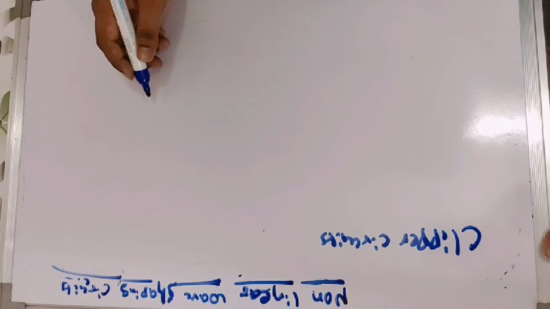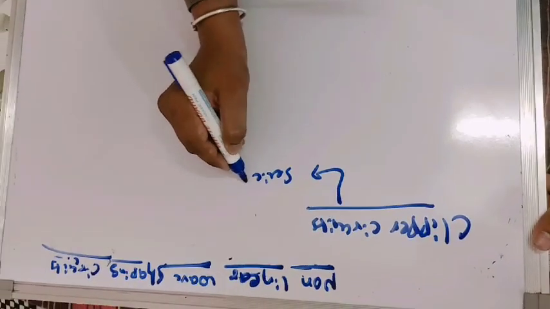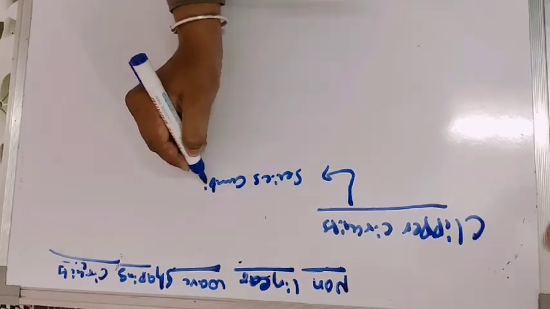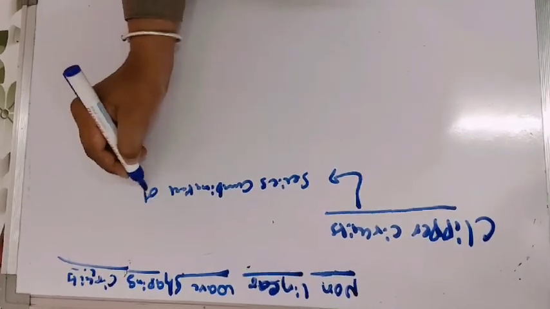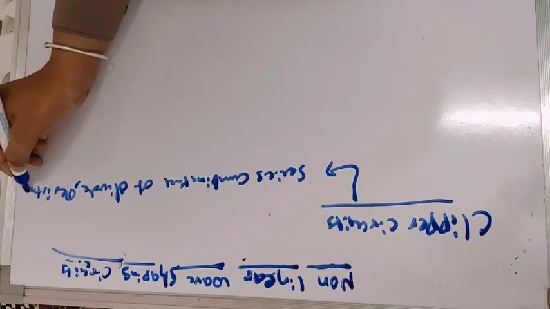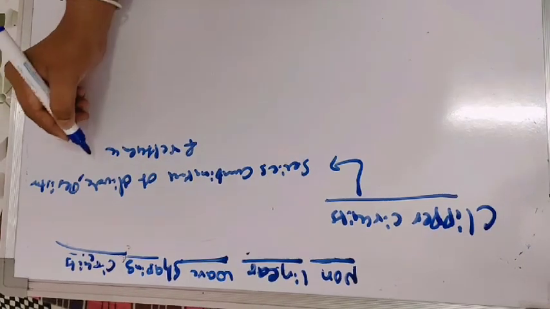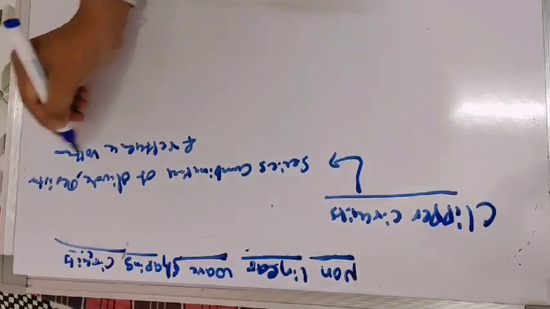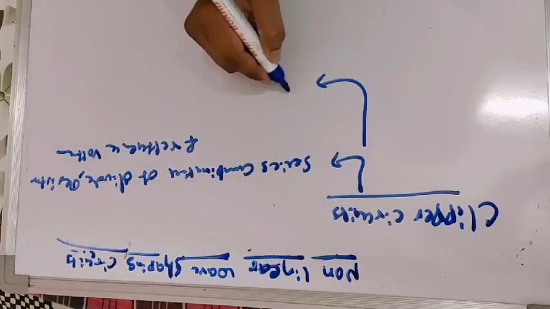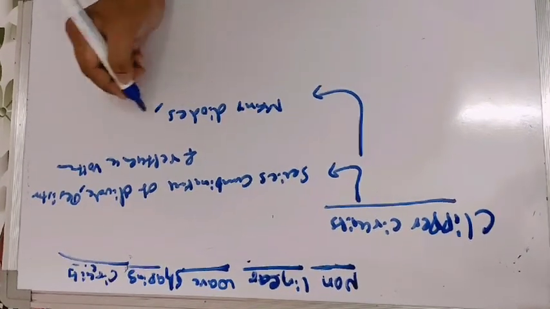So how can the clipper circuits be designed? The clipper circuit can be designed with a series combination of diode, resistor and reference voltage. These clippers can also be designed with a combination of many diodes, reference voltages and resistors.